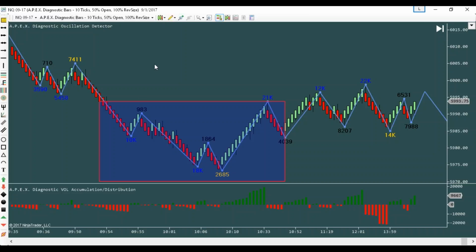And so what you'd like to see is, hey, VAD and OD are matching up. They're telling me the same thing. They're painting me the same picture, right? You'd like to see that, okay? But sometimes you'll see that they paint a little bit different picture, okay?